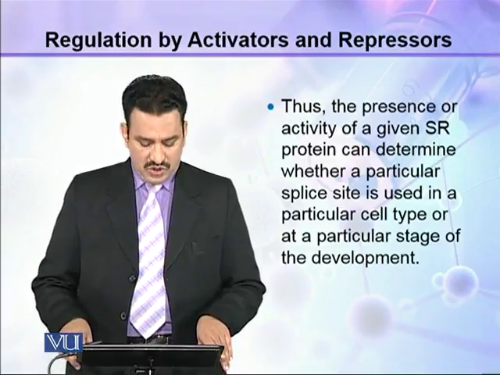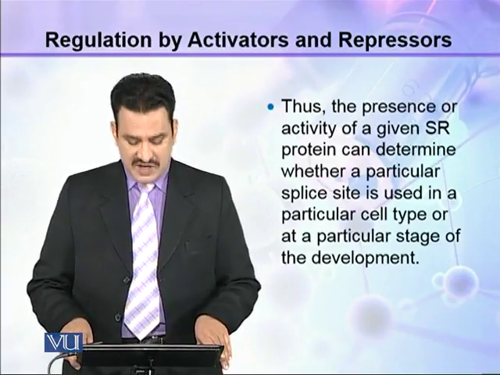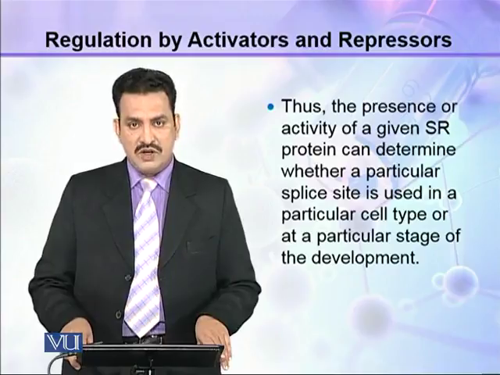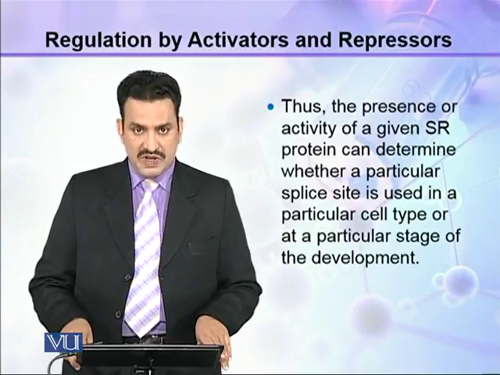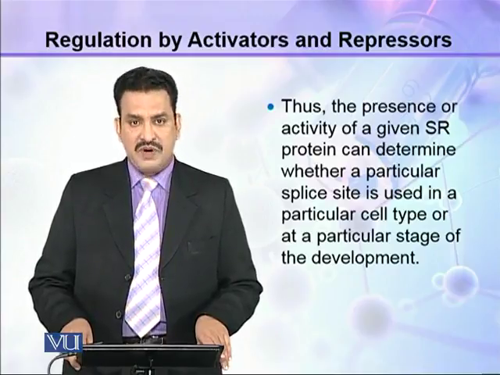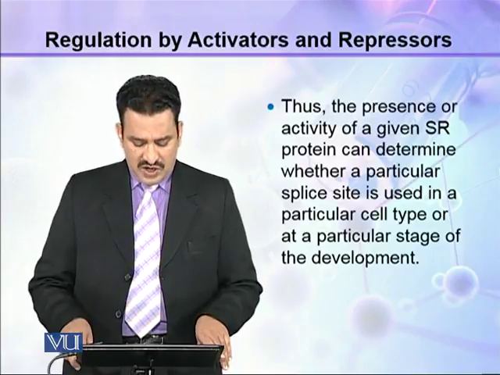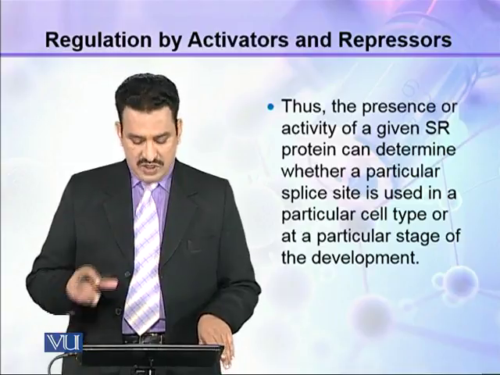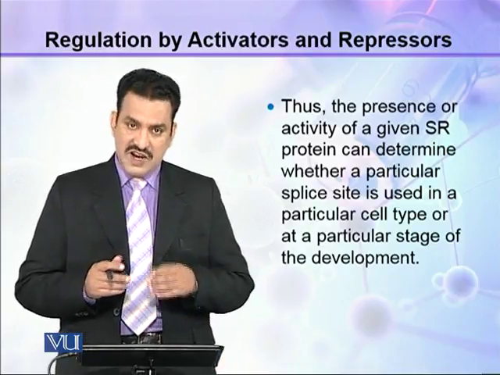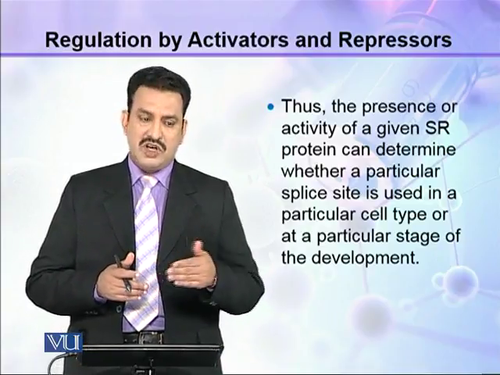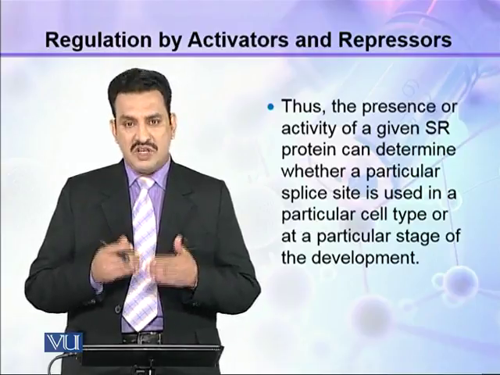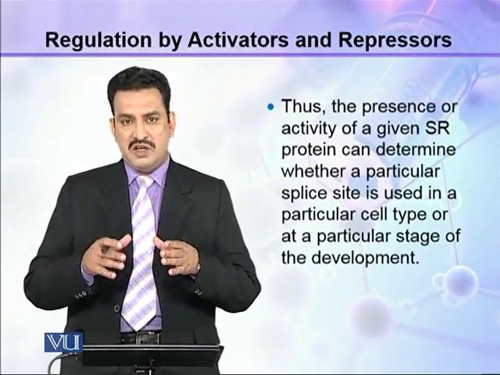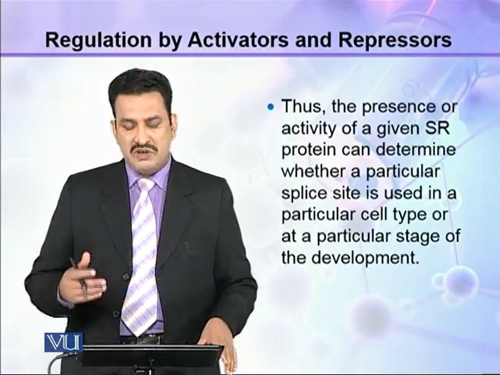Thus, the presence or activity of a given SR protein can determine whether a particular splice site is used in a particular cell type or a particular stage of development. So this is the SR protein that determines in which type of cell or at what stage of the cell cycle this splicing may be regulated.